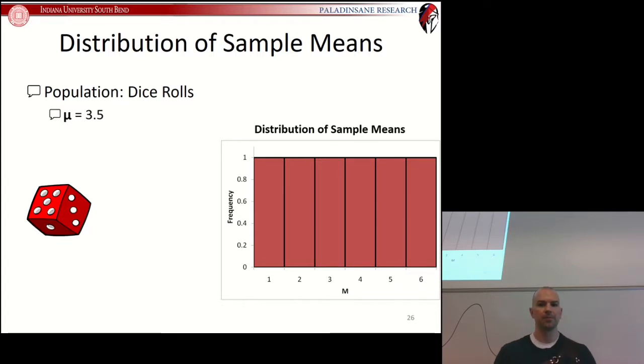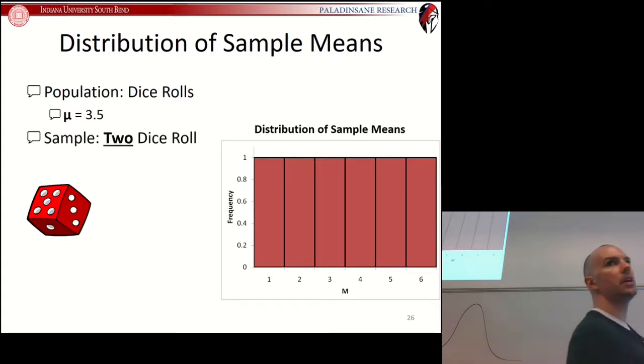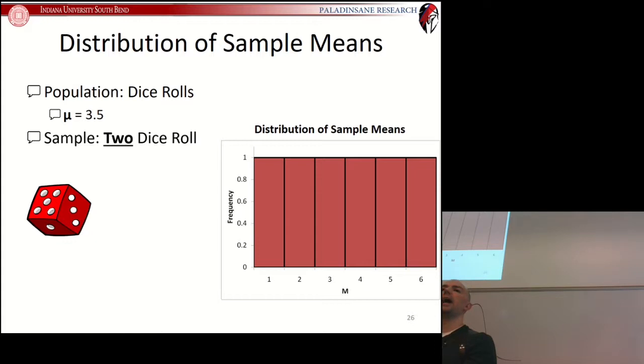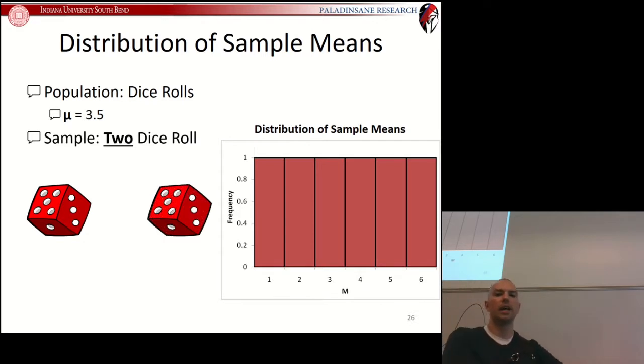So what does happen? Well, let's take a look at a sample of 2 dice rolls. So for 2 dice rolls, you roll 2 dice, you see the scores, add them up, figure out the mean. So you add them up, you divide by 2. So we got 2 dice now being rolled instead of 1 dice.